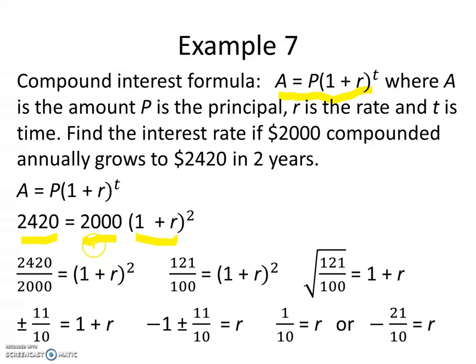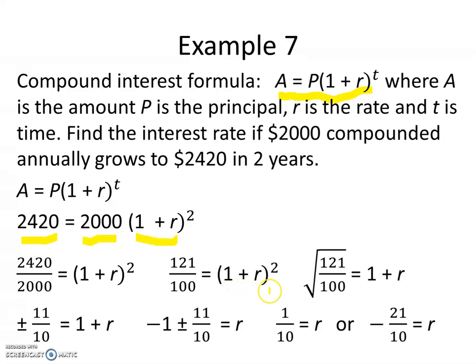So we divide both sides by 2,000, and we get 2,420 divided by 2,000 equals the quantity 1 plus r, squared. Reducing 2,420 divided by 2,000 to 121 divided by 100, we still have that equaling the quantity 1 plus r squared.